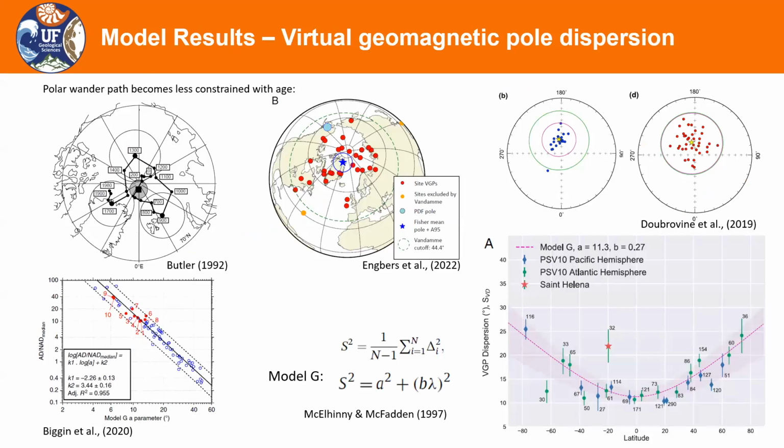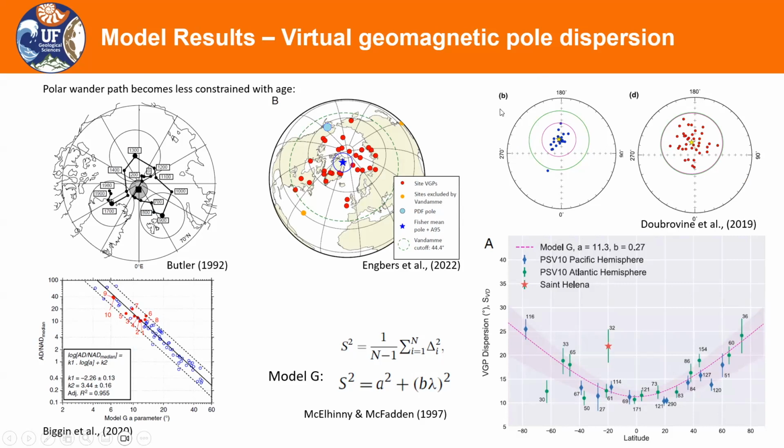So for all non-paleomagnetists, when you think about paleomagnetic data, then what we think about is really polar wander paths. And that's fine for recent times, but when we go further back in time, like millions of years, all we get is a bunch of data that is more difficult to correlate. But what we can do is look at the dispersion of these virtual geomagnetic poles, or VGPs, and describe them with the factor S, standing for scatter.